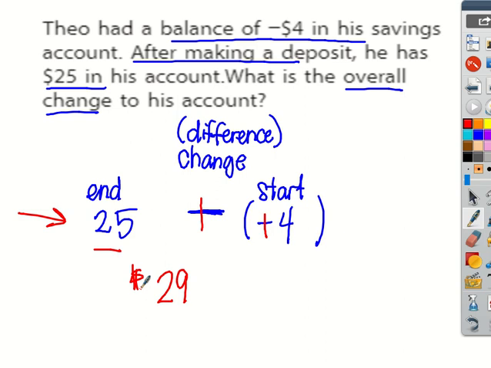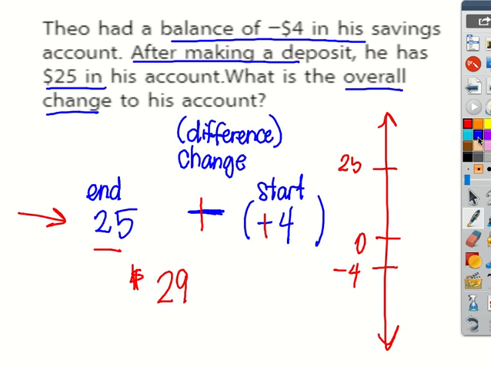The other way we talked about thinking of this was like a temperature, a thermometer, or a number line. We'll do it this way since we have room on here. That helped those guys today. If we're at 0, and let's say 25 is up here, and let's do -4 down here. When you're asking how much did it change, so if he had -4 and he ended up with 25, you're asking what's the difference between 25 and -4.